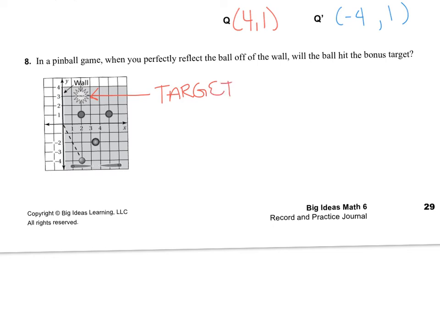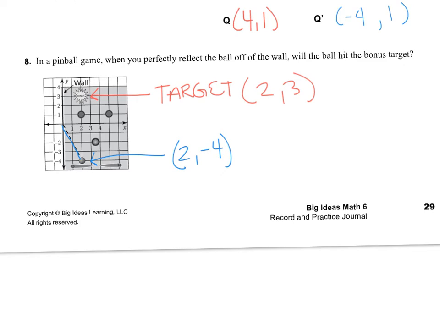And the target is at coordinates (2, 3). All right. Well, the ball is starting at coordinates, what is that? (2, -4). So when it travels along this path, it will reflect over the x-axis here.